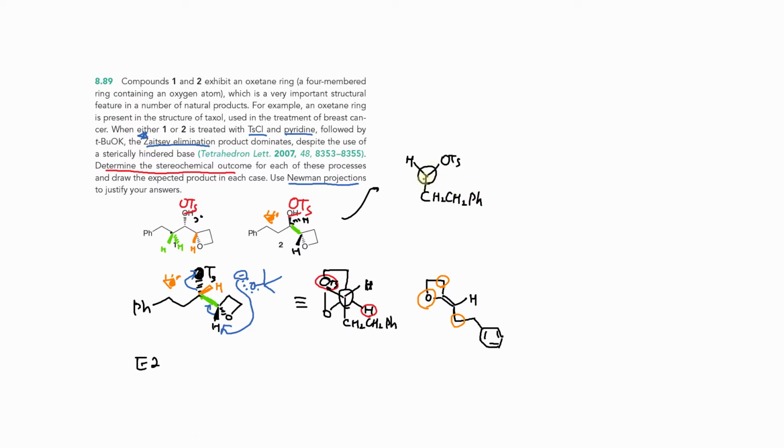And on the back carbon, we have a carbon that's sticking up, and it's going to form a ring, and the hydrogen should stick out to the right, and there is the oxygen here. It's not periplanar, as you see, the OTs and the hydrogen are over here.